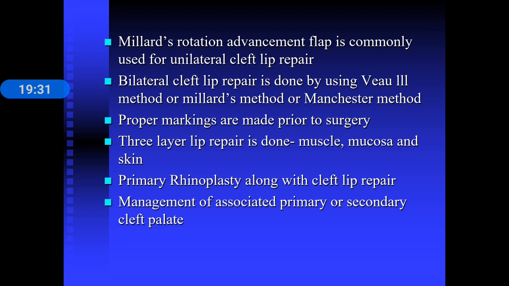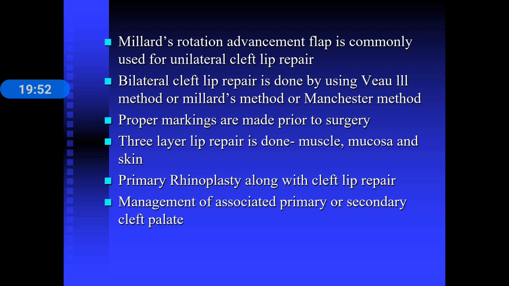The common surgical technique used for repair of the unilateral cleft lip is the Millard's rotation advancement flap, and in the case of bilateral cleft lip, you can use the V-to-Y method, Millard's single stage method or a Manchester method, and a number of methods are there.